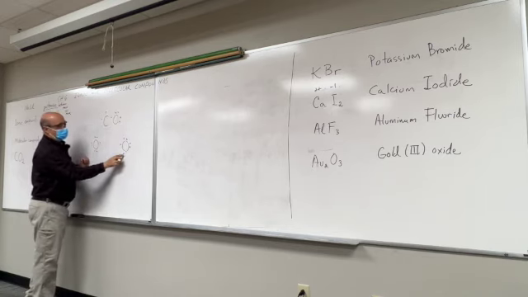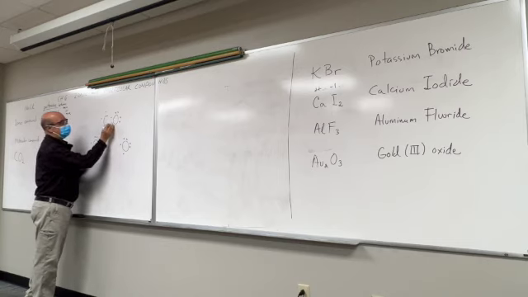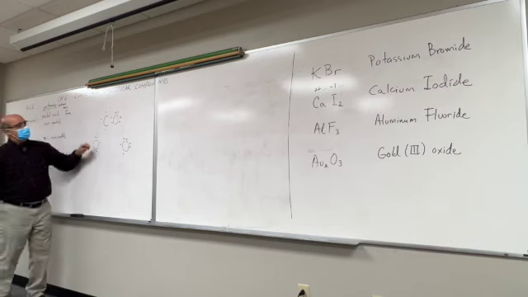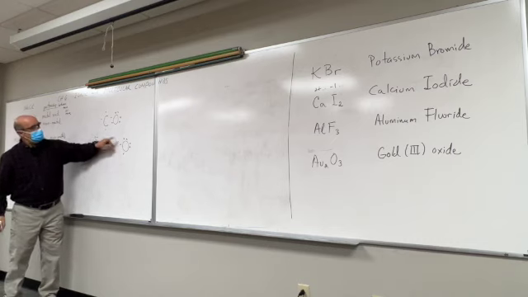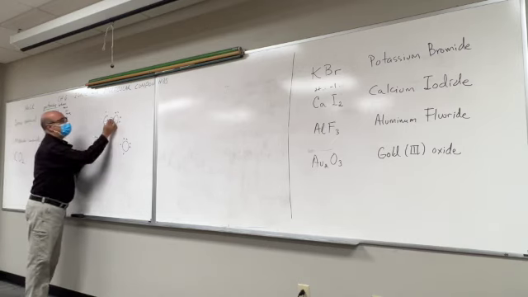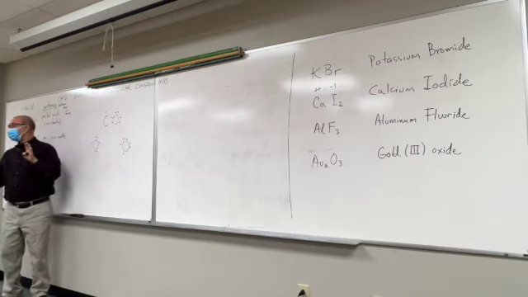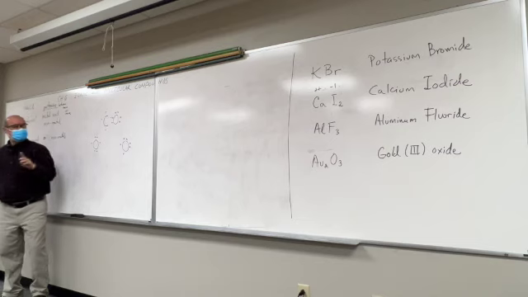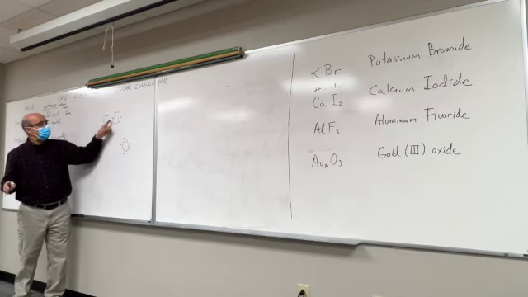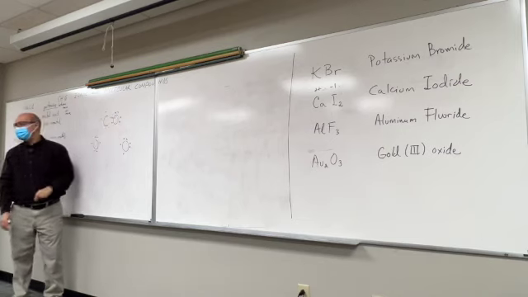Now, what am I going to do with this electron? I'm going to move it to here, and this electron I'm going to keep there. So I'm going to put it right here. I still have 6, right? I mean, I just rearranged them. 1, 2, 3, 4, 5, 6.